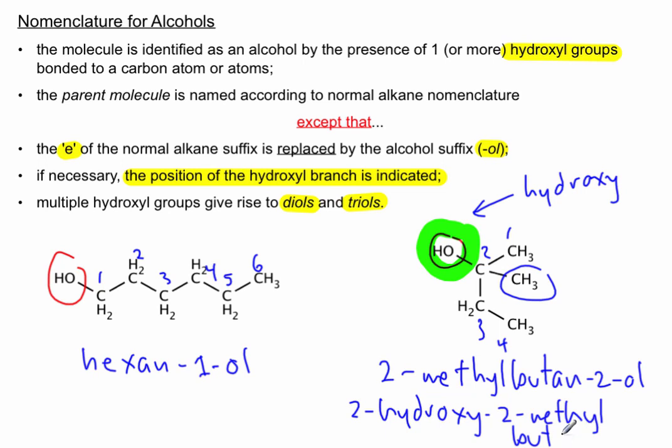And so there you're just treating the OH as a hydroxy branch. Not nearly as common. At this stage you should be able to name that as an alcohol with the ending OL.